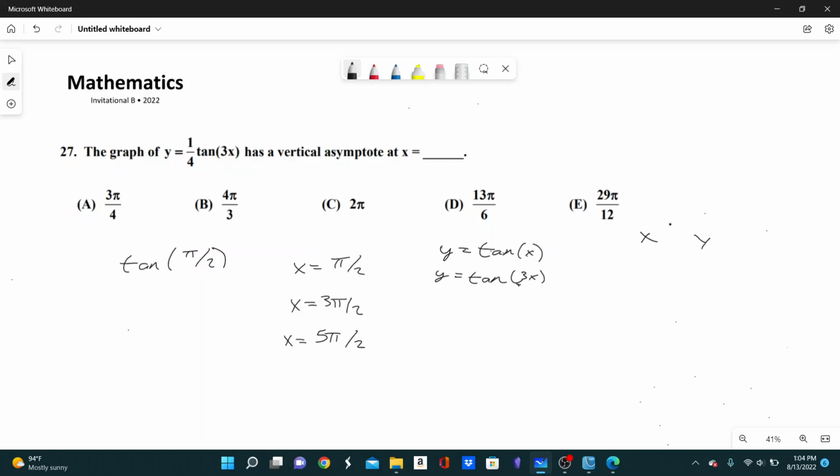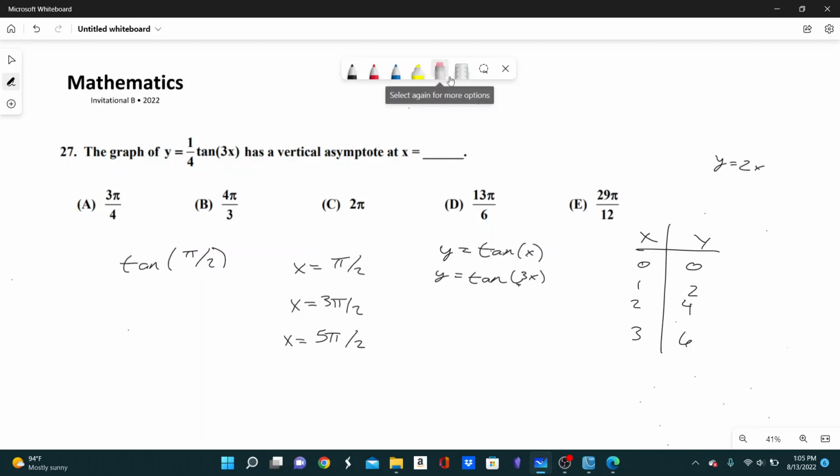Here's your x and y. So say you had x equals 0, 1, 2, and 3. Then let's say when you plug in 0, you get 0, plug in 1, you get 2, plug in 2, you get 4, plug in 3, you get 6. So this is really just the equation y equals 2x.